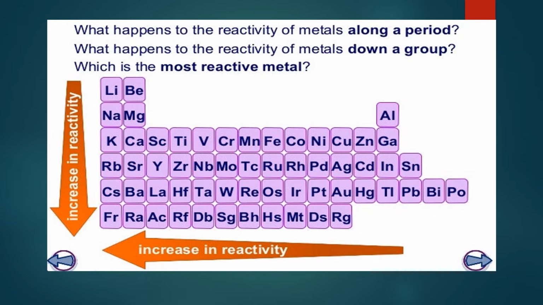Because we are talking about reactivity in terms of the period. And in terms of the group, for example, copper is lesser in reactivity than gold. All right, that's everything about this. We proceed to the next subtopic.